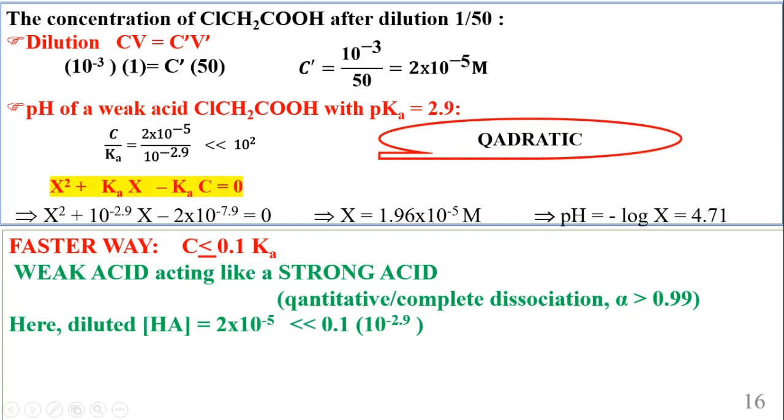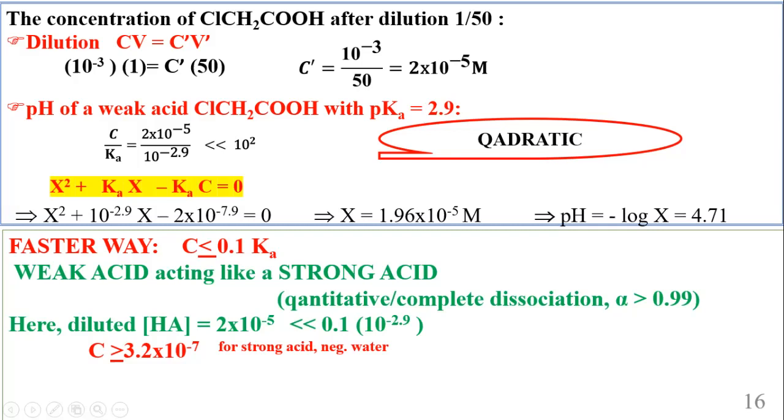Clearly, this is a lower number. Then I will say that this is not lower than 3.2 times 10 to the minus 7. So if it's not lower than this 3.2 times 10 to the minus 7, then for strong acids, we can neglect water at this number.